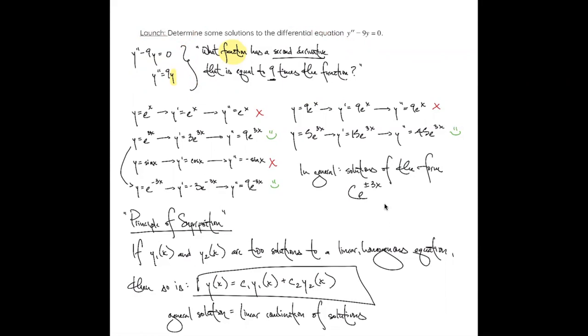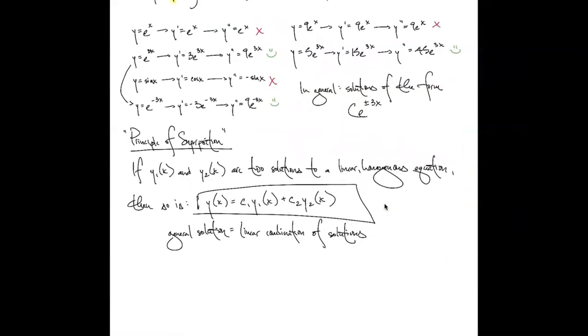Of that list, we noticed that the solutions all seem to be of the form c e to the plus or minus 3x. We finished class yesterday by talking about the principle of superposition.